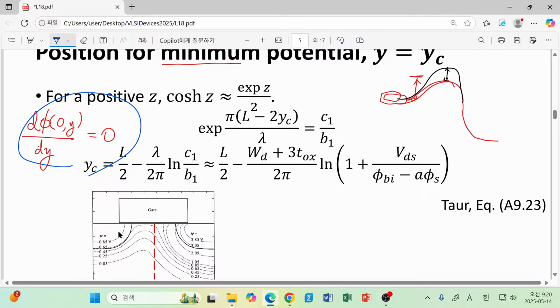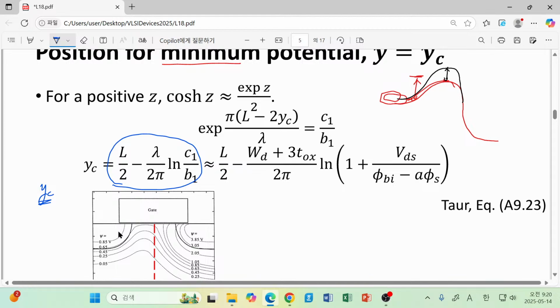By taking this expression, we can find which y value satisfies it, and you can see that there are certain numbers. But think about this one.